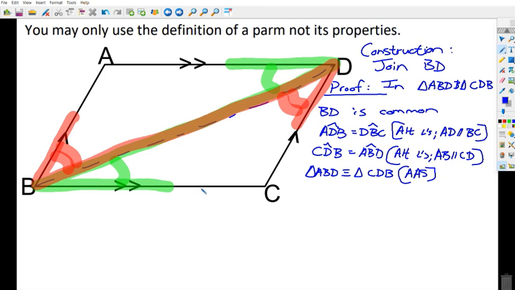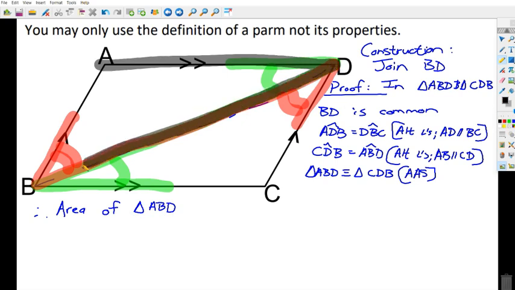So what do I know? Let me write here. Therefore, I can say that the area of triangle ABD, let me highlight it for you, this triangle here, ABD, is equal to the area of the other triangle, this one here.